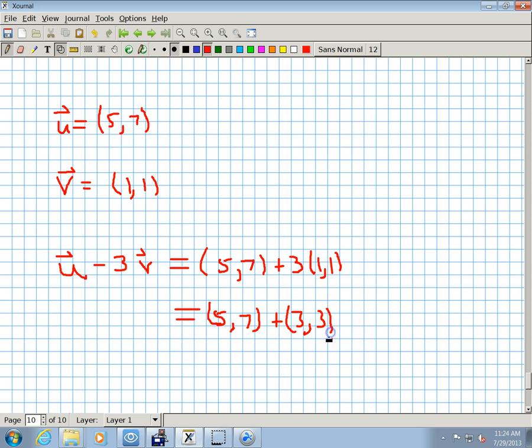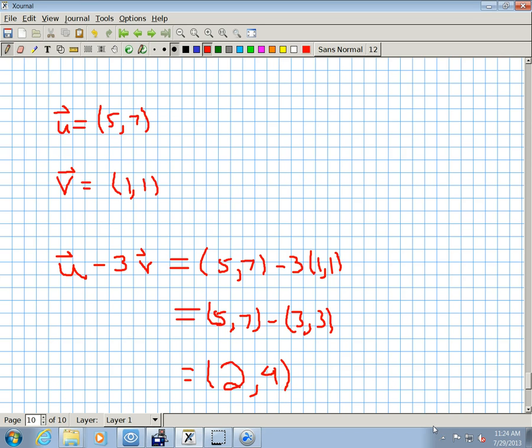Oh, it's minus, sorry. We're talking about subtracting here, right? So minus. So U minus 3V is 5, 7 minus 3, 3, which is what? 2, 4? Okay. There you go. Alrighty.